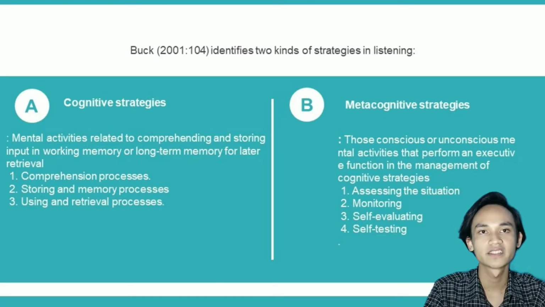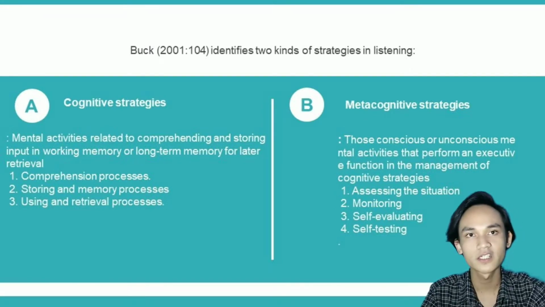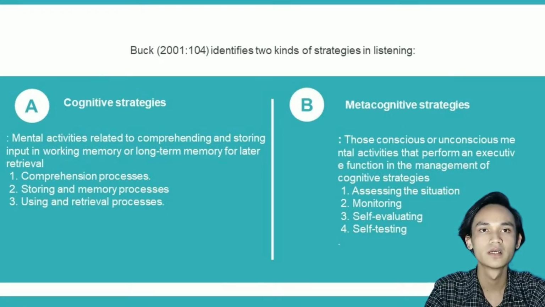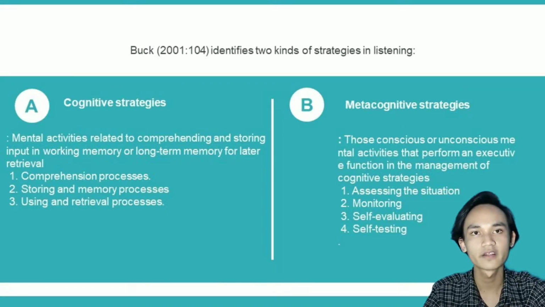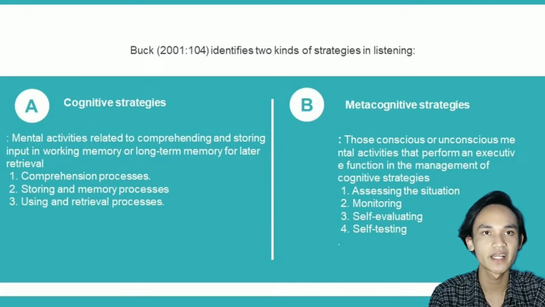Cognitive strategies are mental activities related to comprehending and storing input in working memory or long-term memory for later retrieval. The processes that occur in cognitive strategies are, first, the comprehension process. The comprehension process is associated with processing linguistic and non-linguistic input.